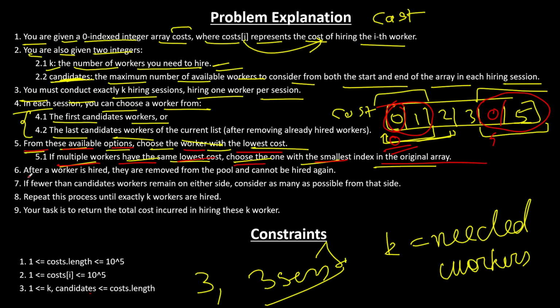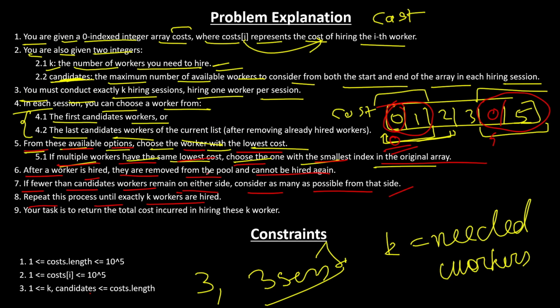After a worker is hired, they are removed from the pool and cannot be hired again. If fewer than candidates workers remain on either side, consider as many as possible from that side. Repeat this process until exactly K workers are hired.